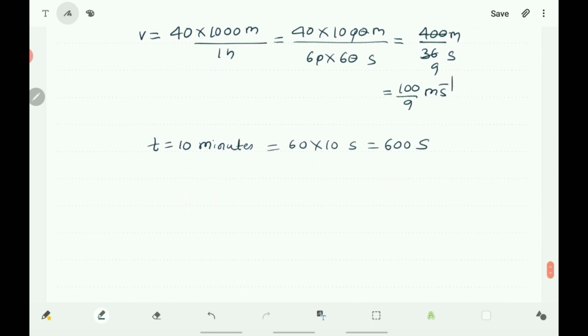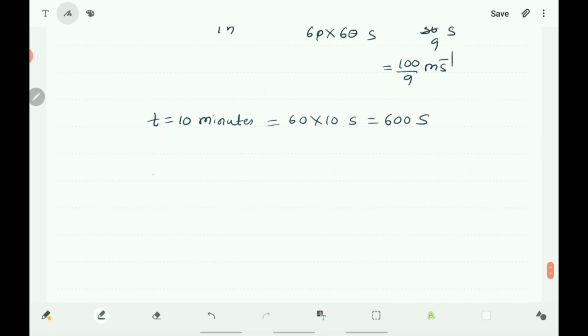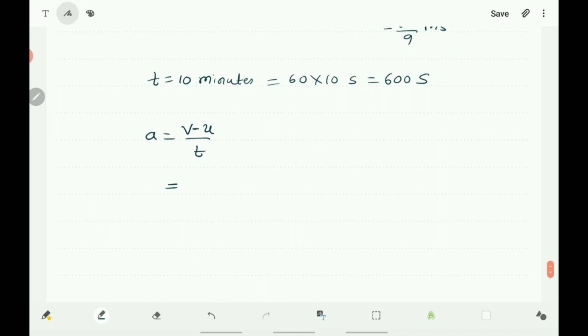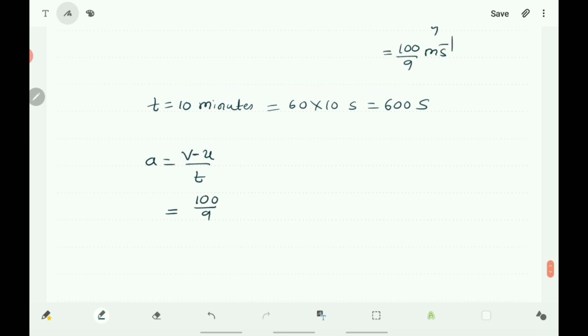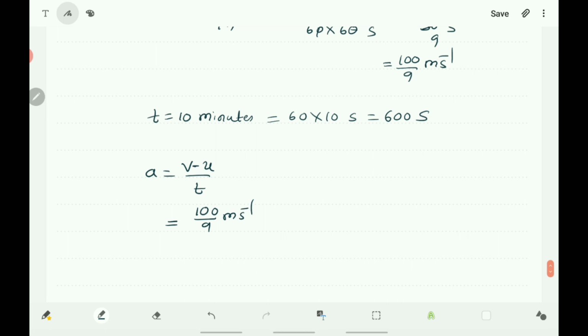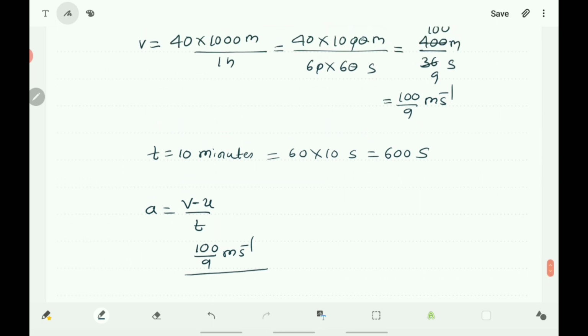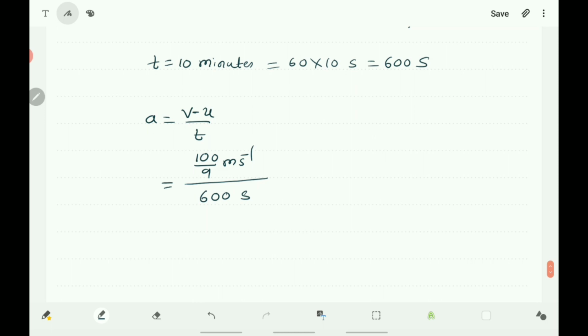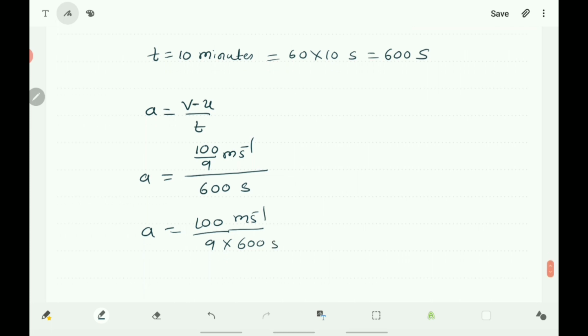Then you write the formula for a: a equals v minus u by t, that is v is here 100 by 9 m s to the power of minus 1, divided by t is 600. So it becomes a equals 100 by 9 into 600 m s to the power of minus 1.